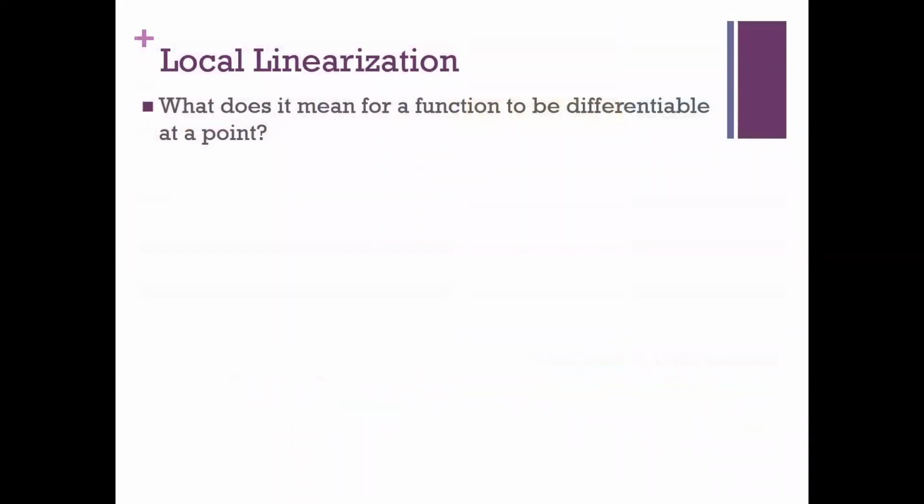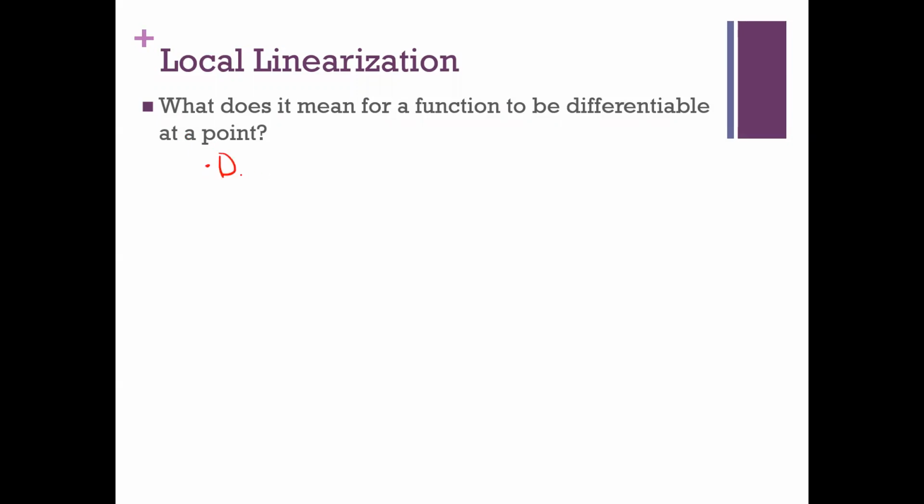So, I've asked this a few times, but just remind ourselves, what does it mean for a function to be differentiable at a point? Sorry, what was that? So that's one thing we've said, right?